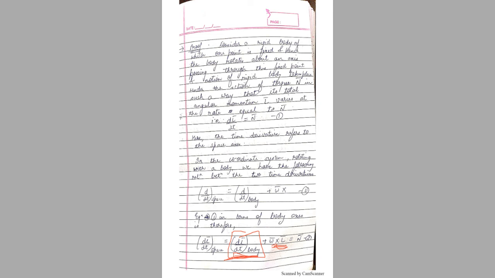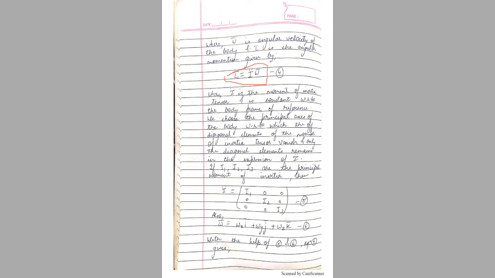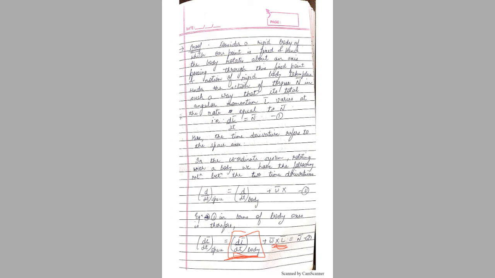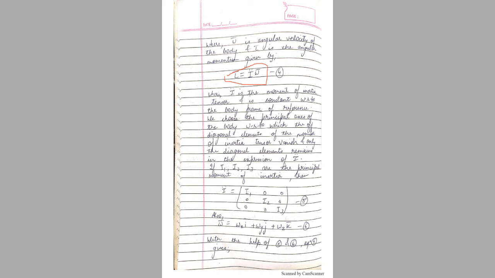Now proceeding, since we need to find equation number 3, for this you need the value of dL bar by dt. Before that you should know what L bar is. L bar is nothing but the angular momentum, and I have proved in the previous lecture that angular momentum is moment of inertia tensor into angular velocity.